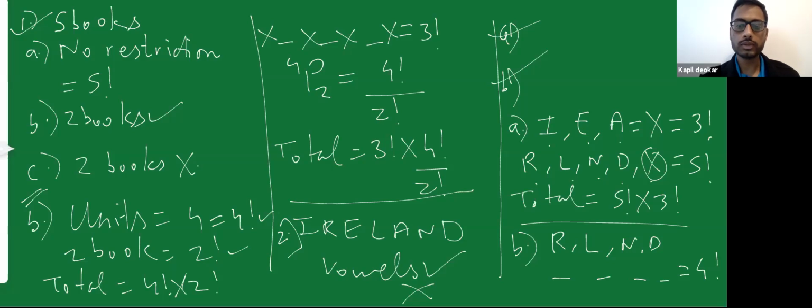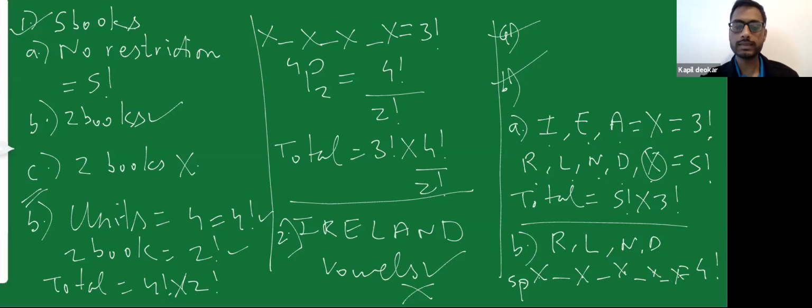And I don't want vowels to be together. So what are the places for them? Draw these crosses. If you draw this dash and this cross, it will make your answer very, very easy. So draw this dash and cross. So how many places are there? 1, 2, 3, 4, and 5. 5 crosses there. So 5 places to write my vowels.